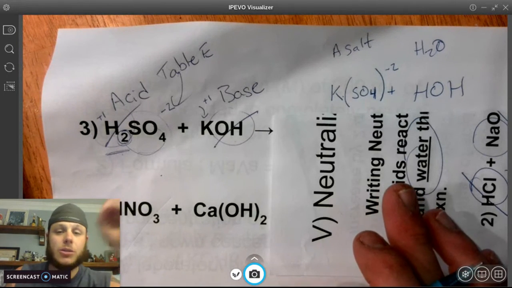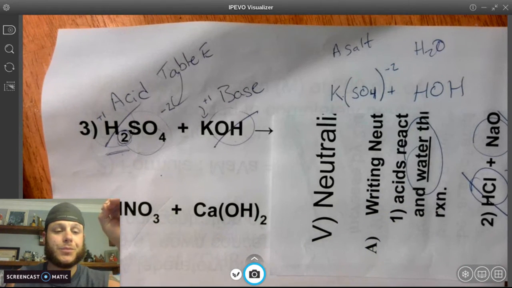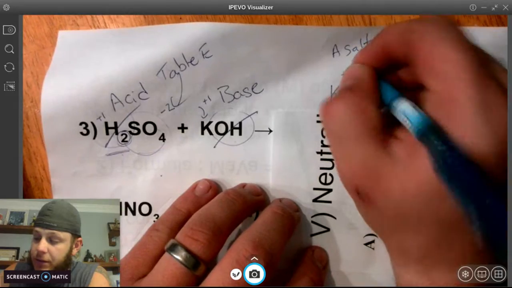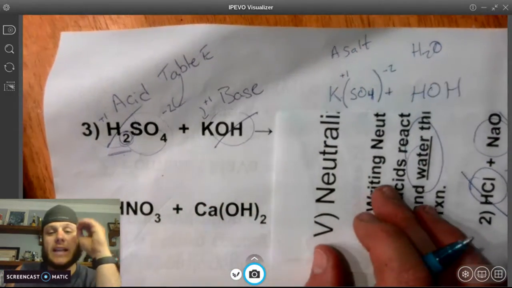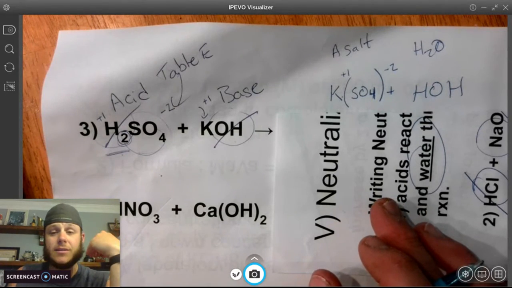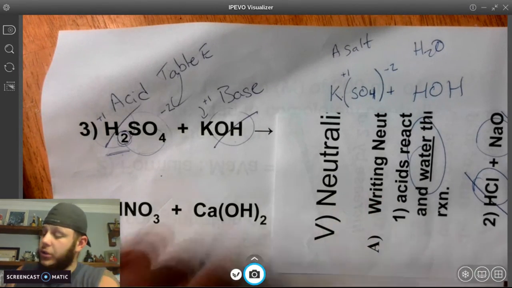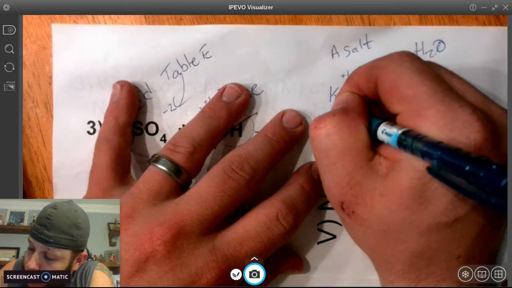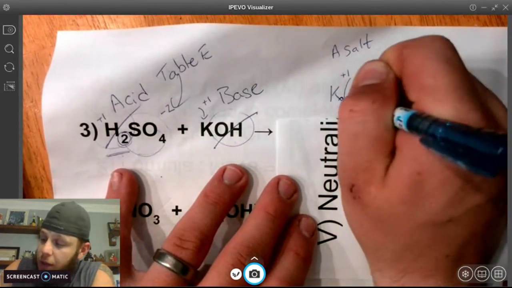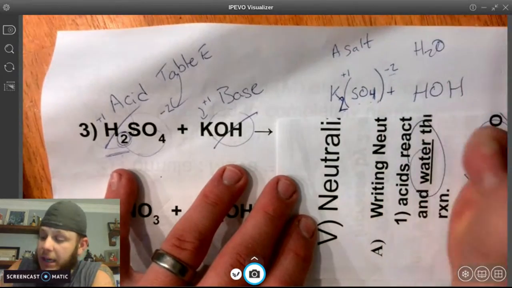What has to be the charge on K? The reference table tells me that K is a +1. What does that tell me about that formula? It is not balanced. So that must mean that there are two Ks, K2. SO4 is a -2 ion.